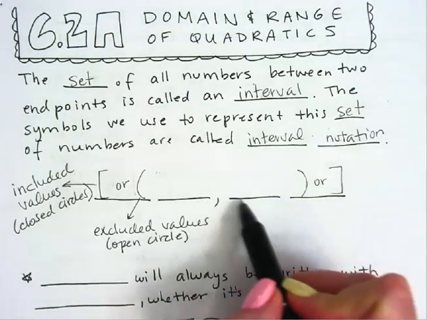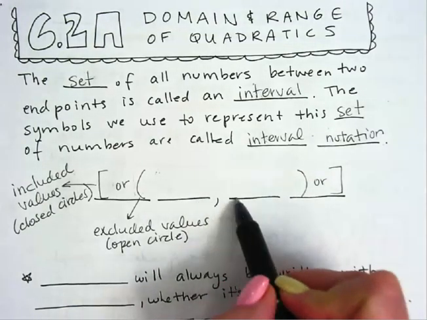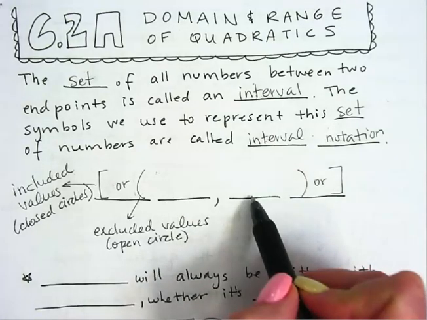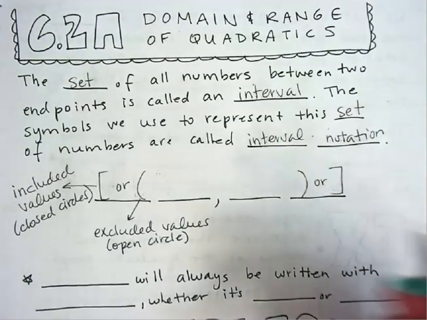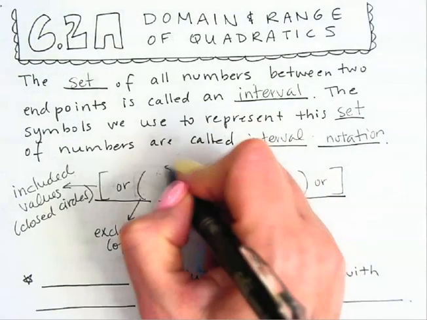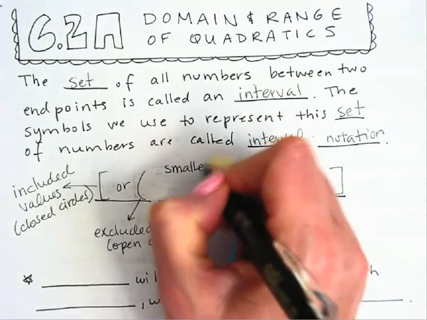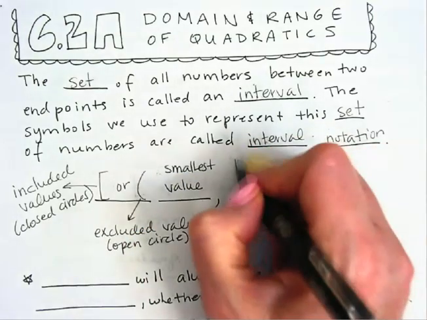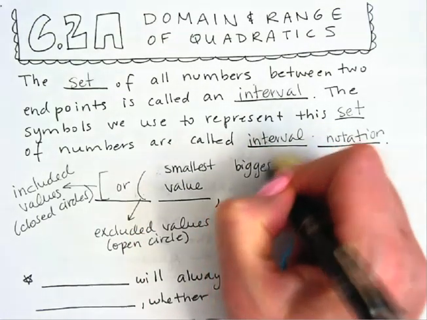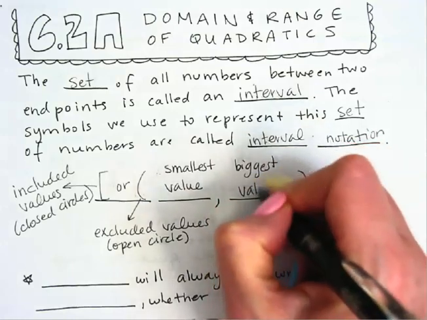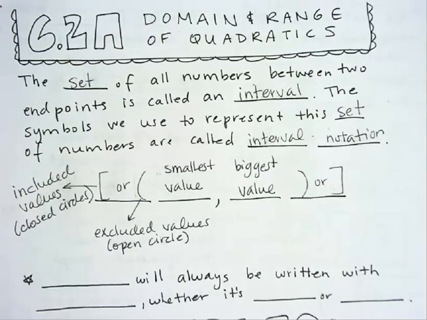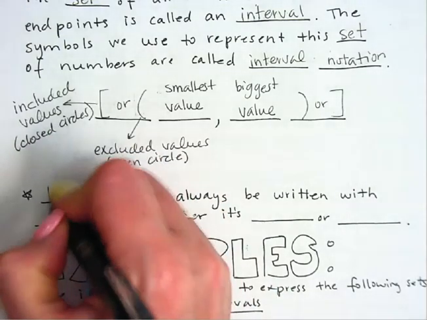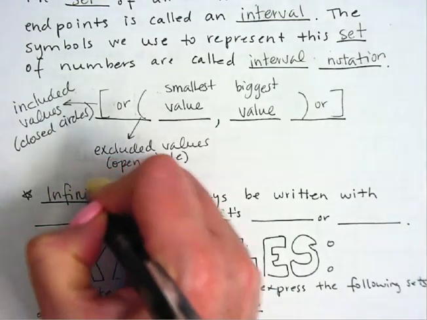And then inside the parentheses or the brackets, we're going to have 2 numbers separated by a comma. These are the beginning and end points of our interval or range. The one on the left is always going to be the smallest value, and the one on the right is always going to be the biggest value. Then we have a special circumstance for the value we call infinity.